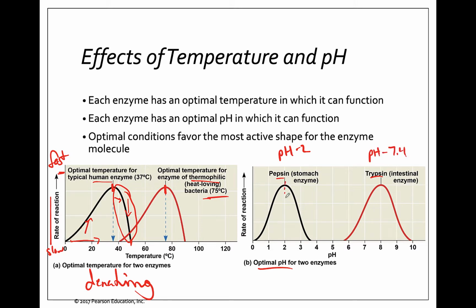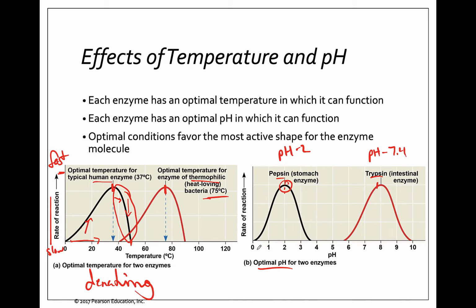The optimal pH for the stomach enzyme conveniently happens to be the same pH as your stomach. And the optimal pH for the intestines happens to be about the same pH as your intestines. So these are going to allow our reactions to go the fastest.